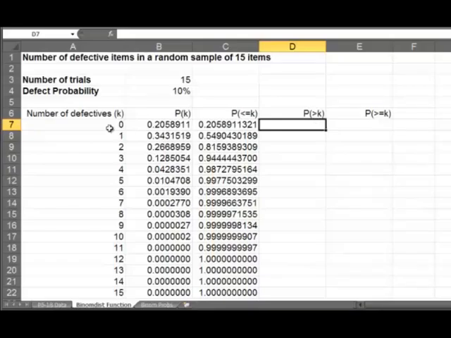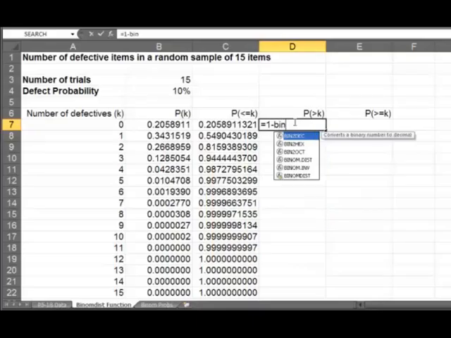So I'll start with the example of k equals 0, and I'll say, well, what's the probability of being greater than k? Well, it's going to be equal to 1 minus binomial dist of, and here's a key thing. I want to be careful about what it is that I'm subtracting in order to get the probability I'm interested in.